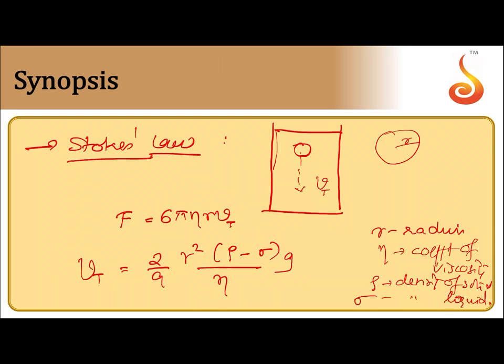Thus, we have terminal velocity as given by Vt is equal to 2 by 9 r square into rho minus sigma g divided by eta.